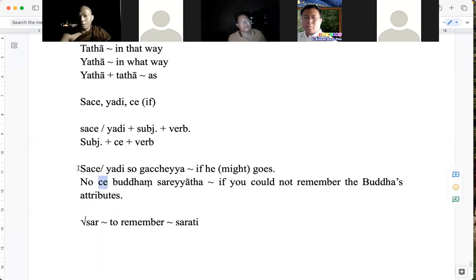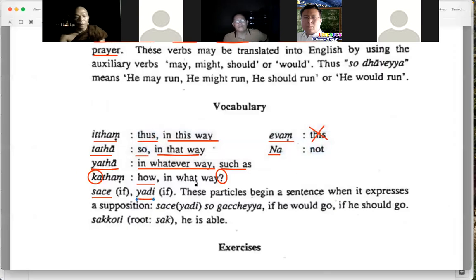So if we use saji or yadi, they take place at the beginning of a sentence. But ce is always at the second place of a sentence. Okay, that point. But the meaning is the same. Saji, ce and yadi are all if.